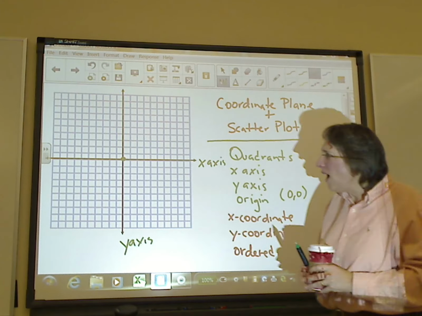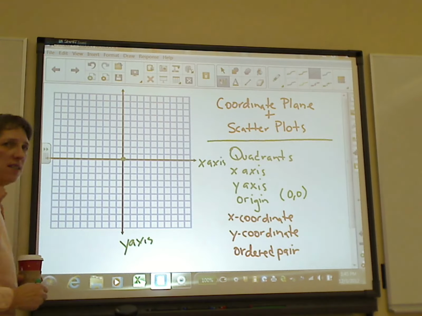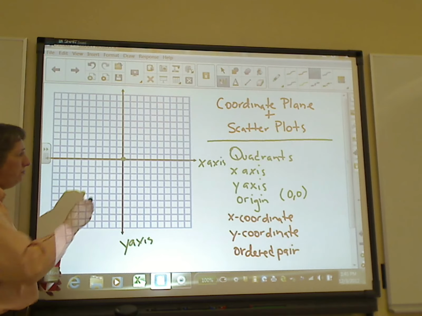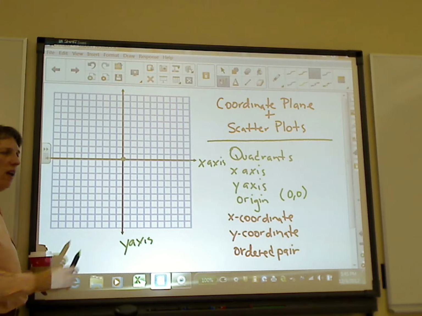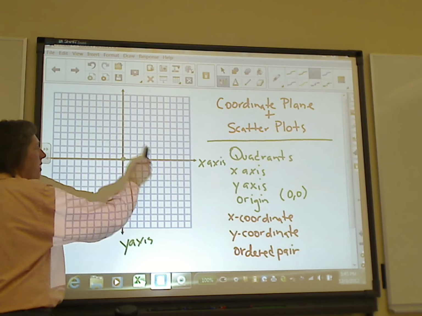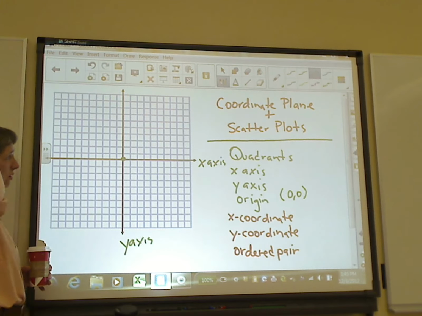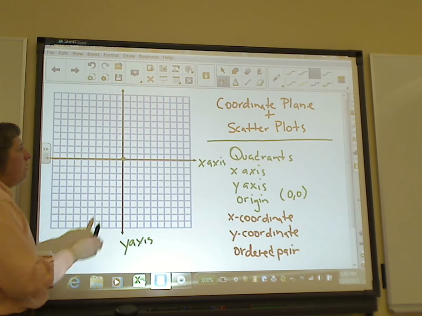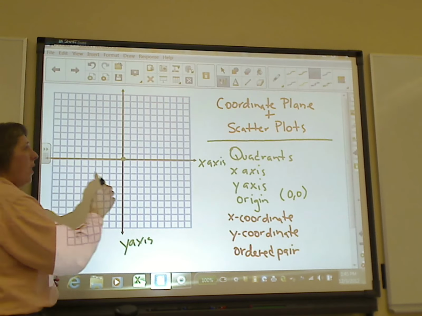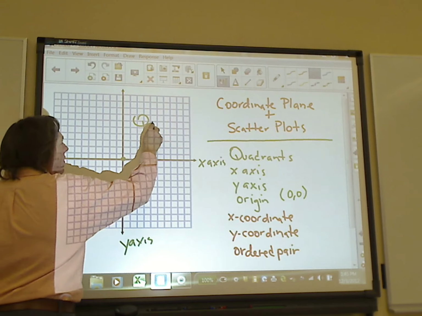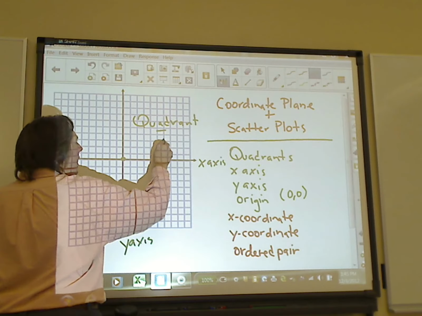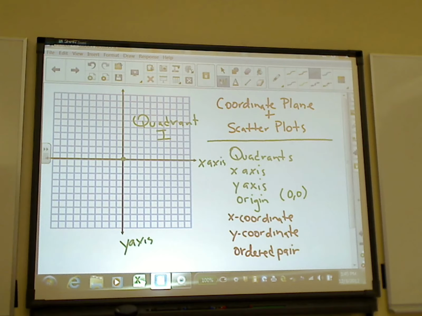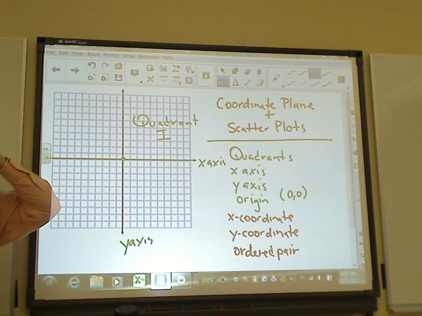So what does all this mean? When we take the x- and y-axes, they cut the plane into 4 sections. We always start at the upper right-hand corner, and this is called quadrant 1. I use Roman numerals because that's what they used when I was growing up to show these quadrants.